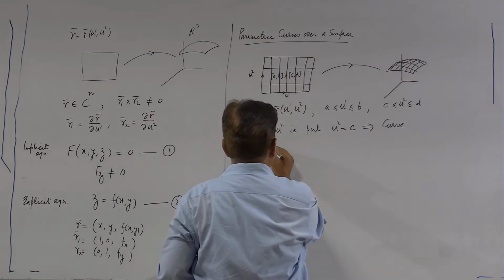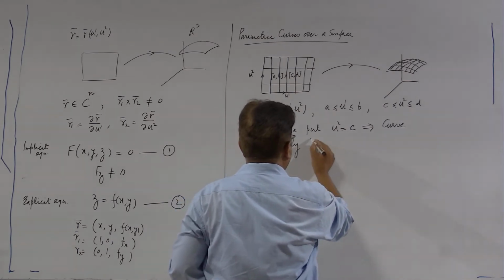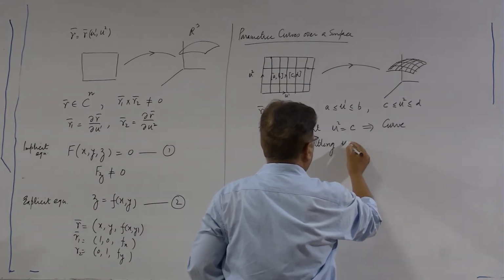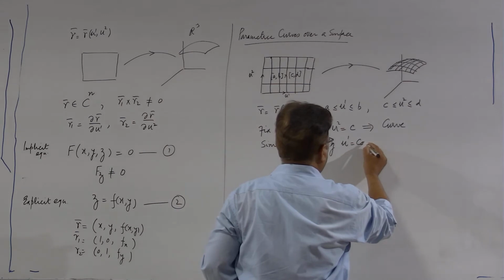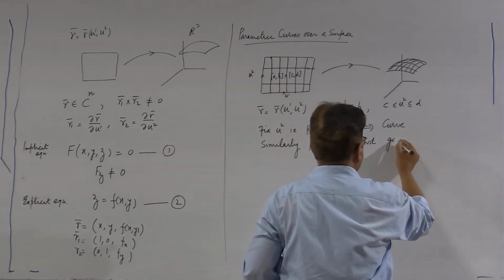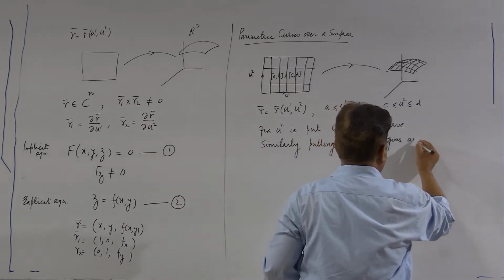Similarly, putting u1 equal to constant gives another family of curves.